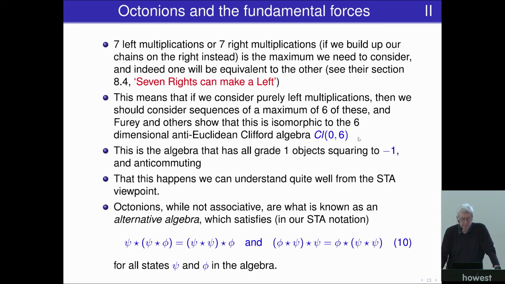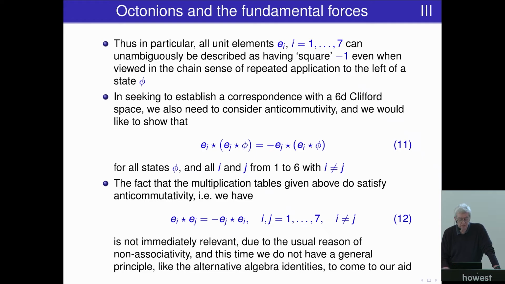But the fact that we can have something isomorphic to a Clifford algebra, we can understand quite well from the STA viewpoint. Basically, what we need to do is show that if we have a chain, E_J times phi, and we do another thing with an E_I, that's the same as minus E_J times E_I phi, where this is when I is not equal to J.